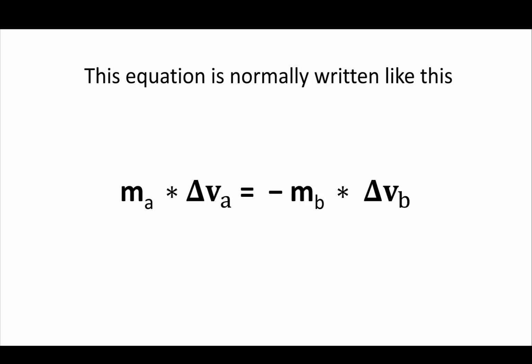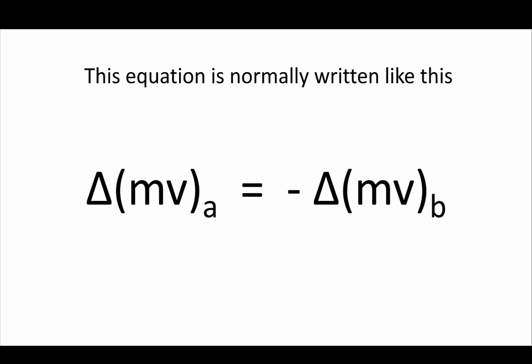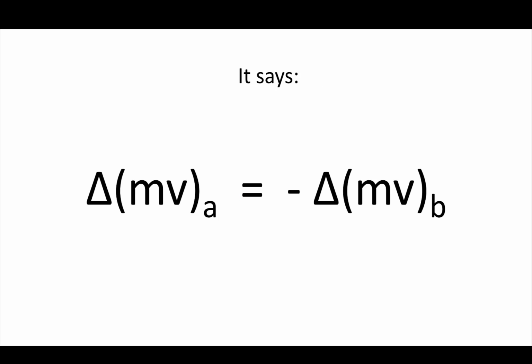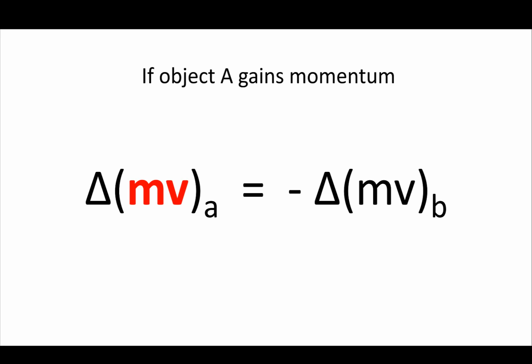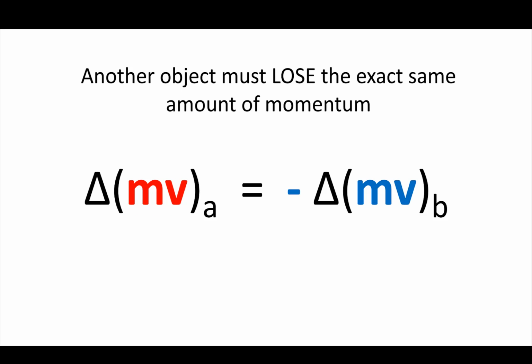The equation is normally written like this, where we have the change of mass times velocity, because mass doesn't really change. So mass times the change of velocity is the same as the change in mass times velocity. This says that if object A gains momentum, so if the change of object A's momentum is positive, then the change of object B's momentum must be negative.